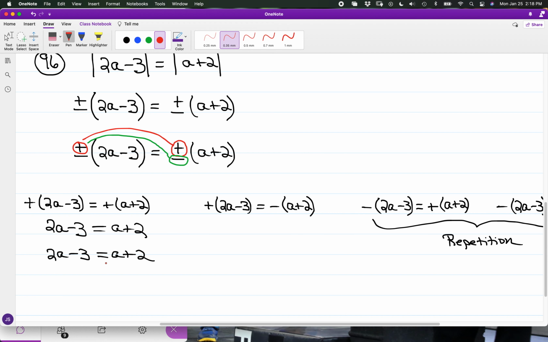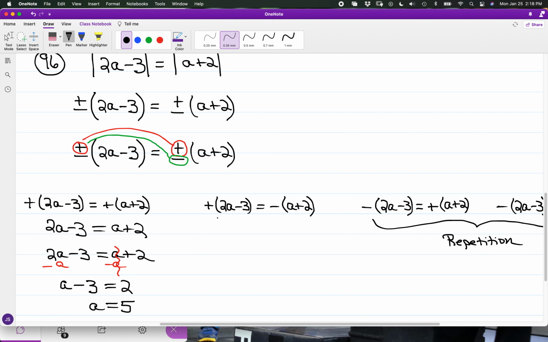And combining the variable terms together, I can just take out a. So you have 2a minus a becomes a, minus 3 is equal to 2. And if I add 3, I have a is equal to 5.